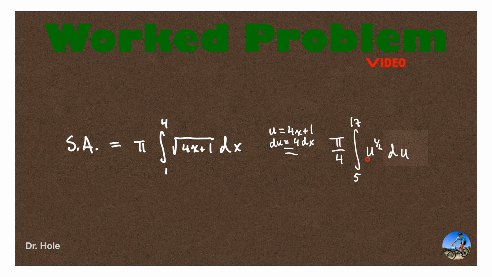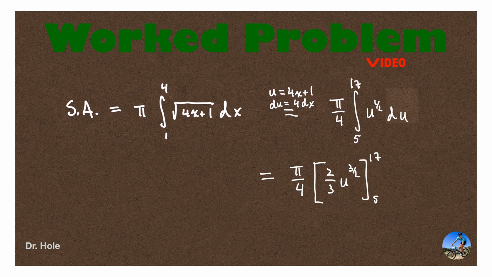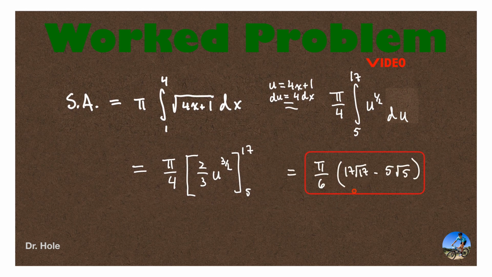This is an elementary integral in u. Evaluating, we come up with this antiderivative, and then plugging in bounds. Note that 2 over 4 goes to 1/2, and 2 times 3 makes 6. 17 raised to the 3/2.